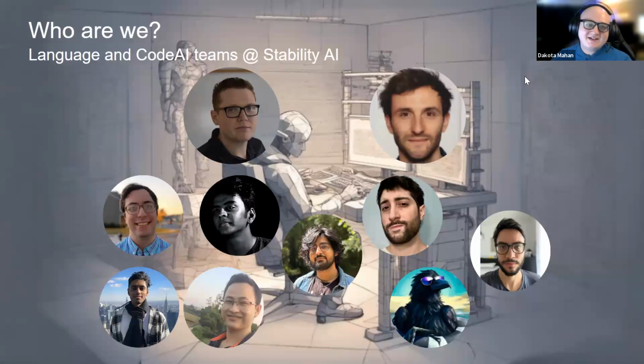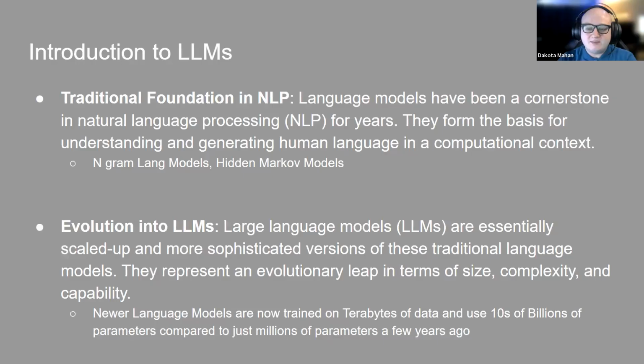Sorry about that. Here's our team at Language and Code AI teams at Stability. I'm in the bottom right corner with the Raven image. That's my profile picture. So if you ever see me on Discord or Twitter, that's who you're talking to.